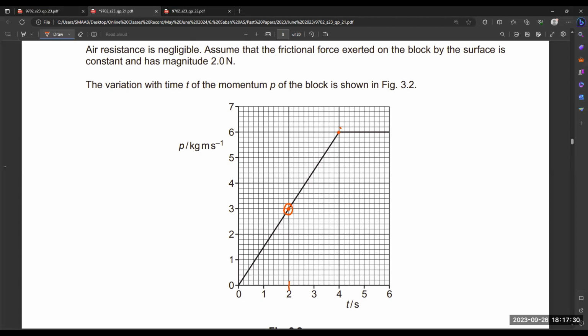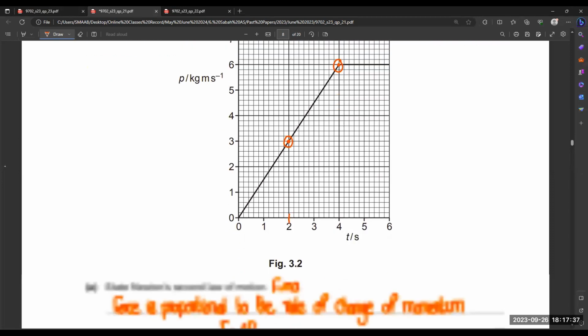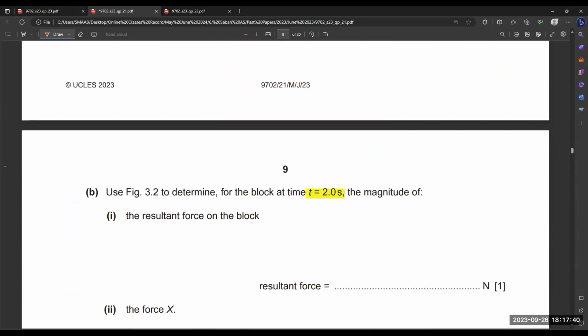At time t equals 2, you can see from the graph that the momentum is 3, right? 3 kg meters per second. So if we know that momentum is 3 and time is 2, then we can find out the force. Force is the rate of change of momentum, right?